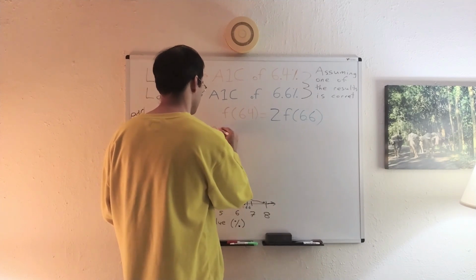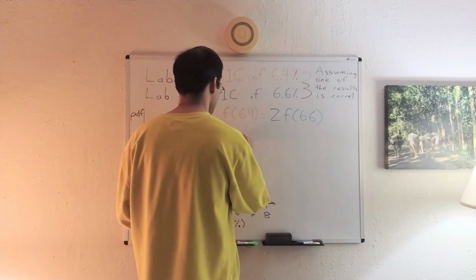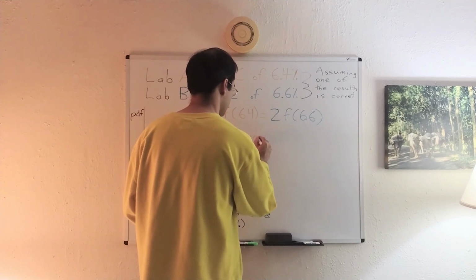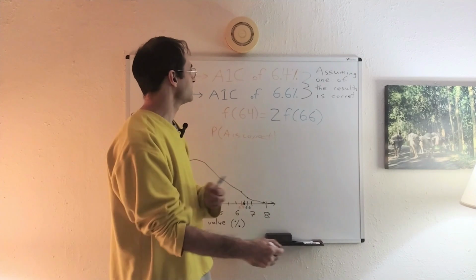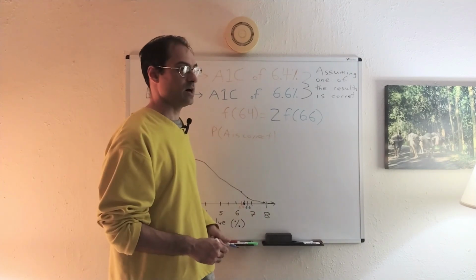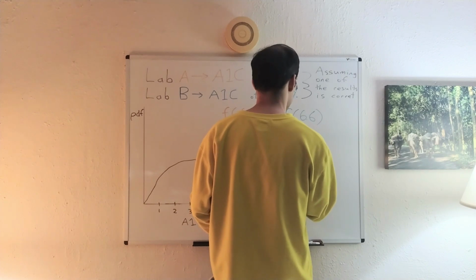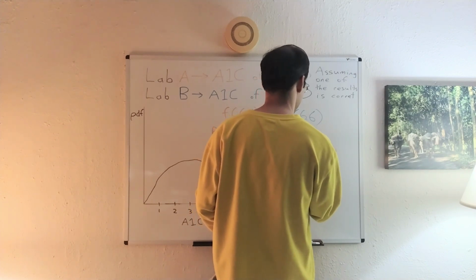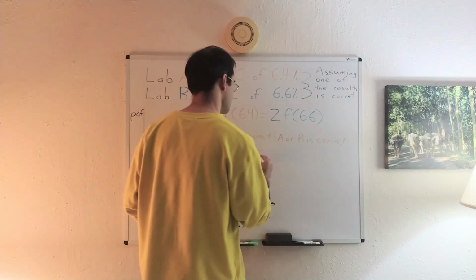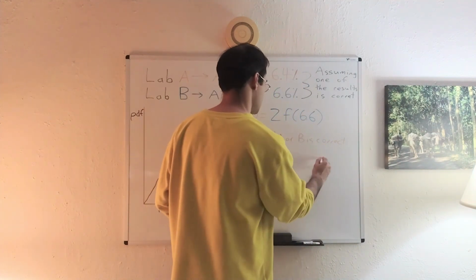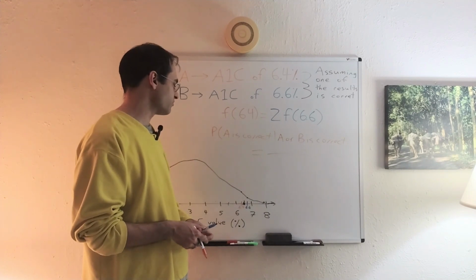The probability that A is correct, given that lab A or B is correct, is equal to what? A is correct if the value is 6.4.